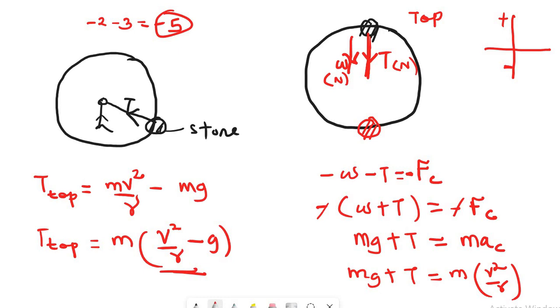Now, there is another concept: finding the minimum velocity to keep the stone in motion. Obviously, tension cannot be less than zero. So the minimum tension to keep the stone in the circle will be zero.